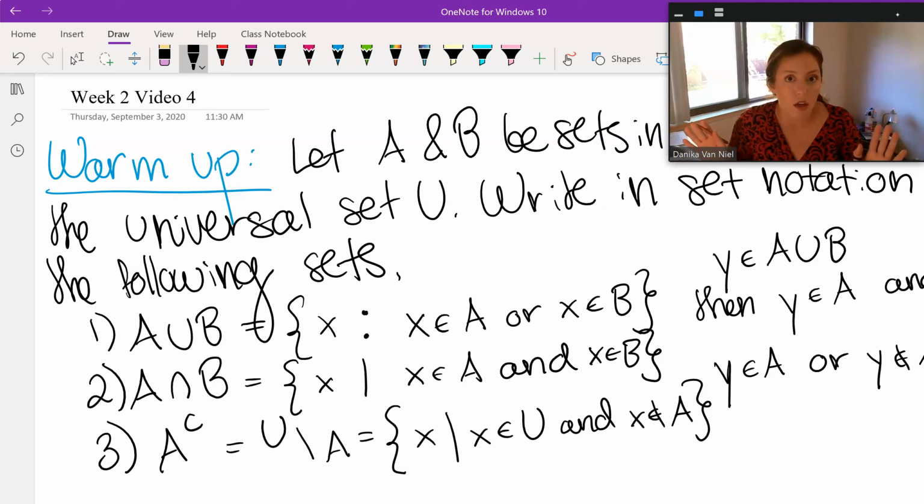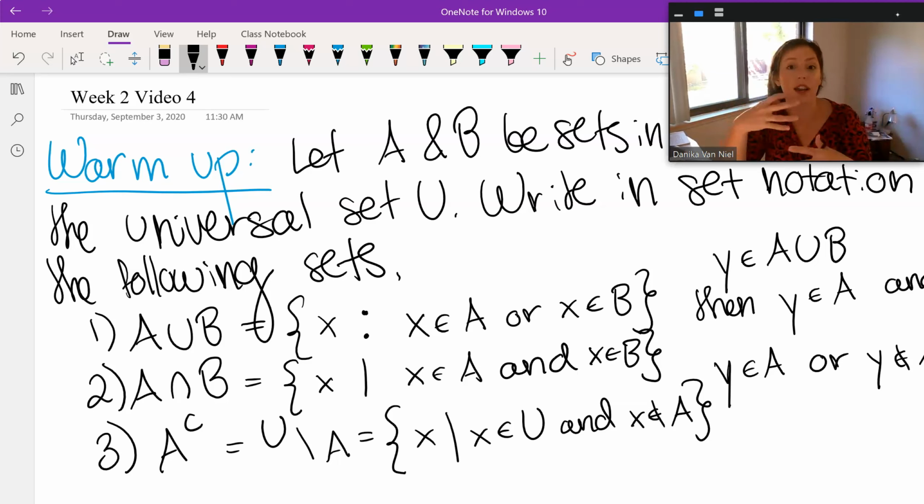To show that an element is in A intersect B, we need to show that the element is in A and it's in B. So to show that an element's not in A intersect B, all we have to do is show it's not in one of them. How cool is that? And then it's the opposite for the union. If you're trying to show an element's not in the union, you have to show that it's not in A and it's not in B. Because if it's not in A, that's okay, maybe it's in B, so you need to show it's not in B either.